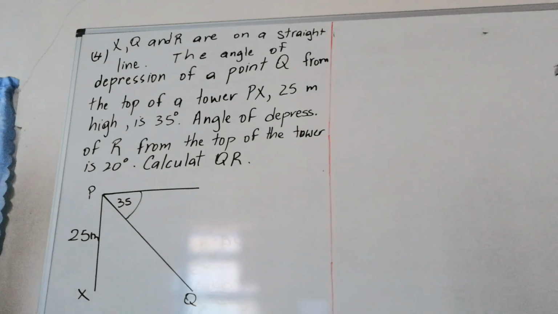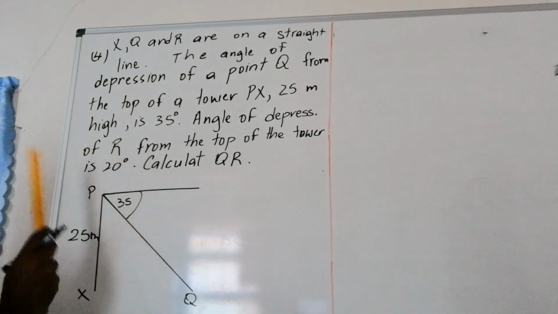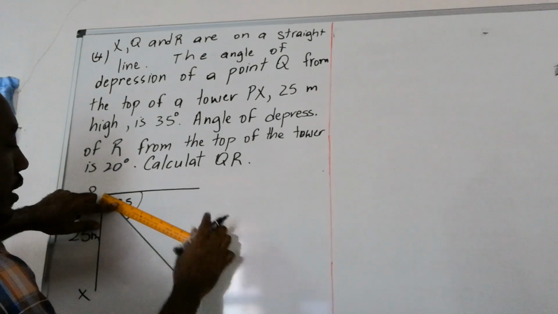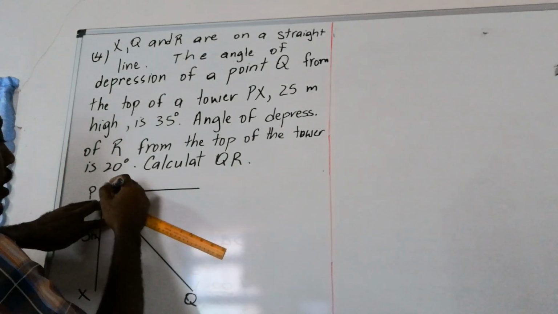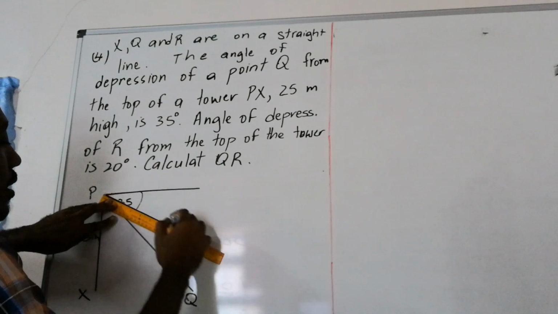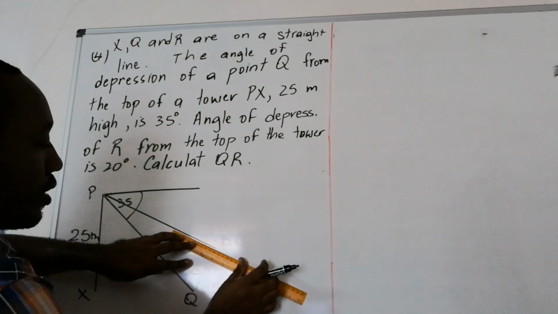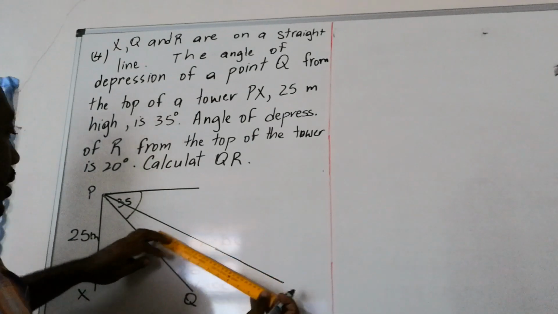Now it goes on to say that there is another point R. From the top of the tower, that angle of depression is 20 degrees. So from the top of the tower, another point R, angle of depression is 20 degrees.